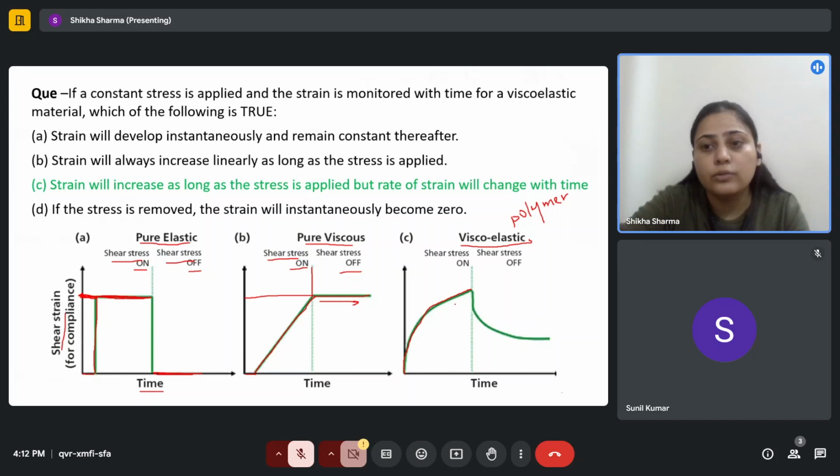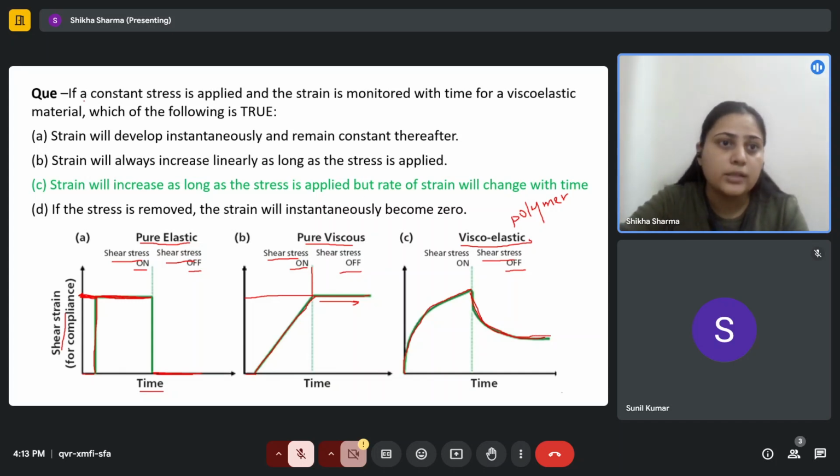In the viscoelastic material, it will increase slowly, and when the shear stress is removed, it will decrease. It will also not decrease at a constant rate, linearly or instantaneously. It will not be zero immediately; it will decrease slowly. The decay in the strain will be there as the stress is removed.